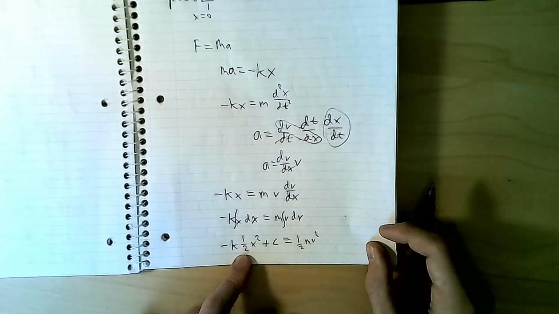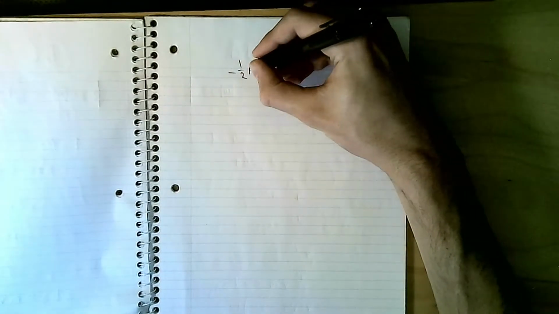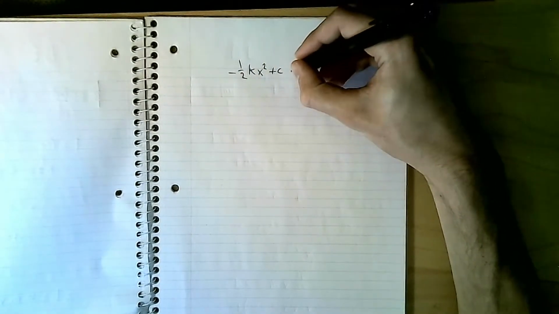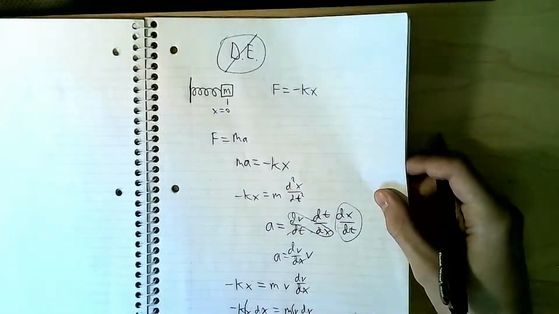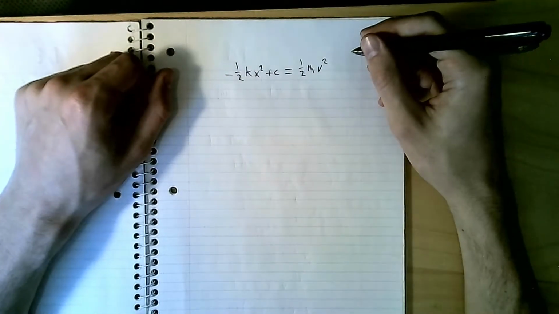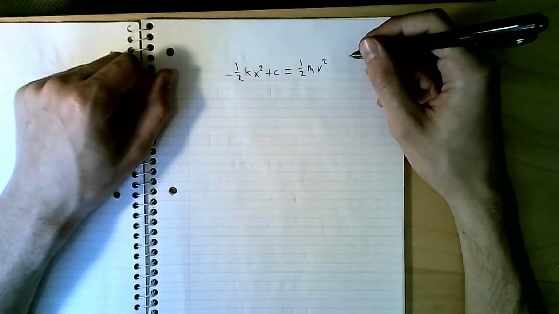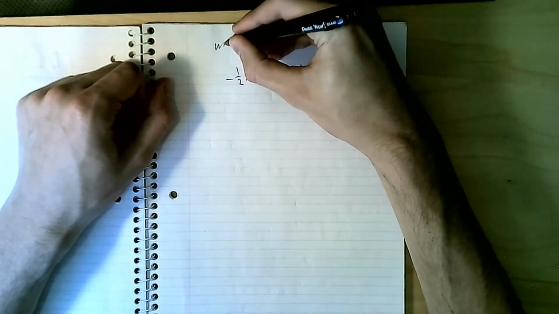Now we're going to take this, and what do we have to do from here? I'm going to just rewrite it real quick. 1/2 kx squared plus our constant equals 1/2 the mass times the velocity squared. That is right. So we're trying to solve for x of t, right?